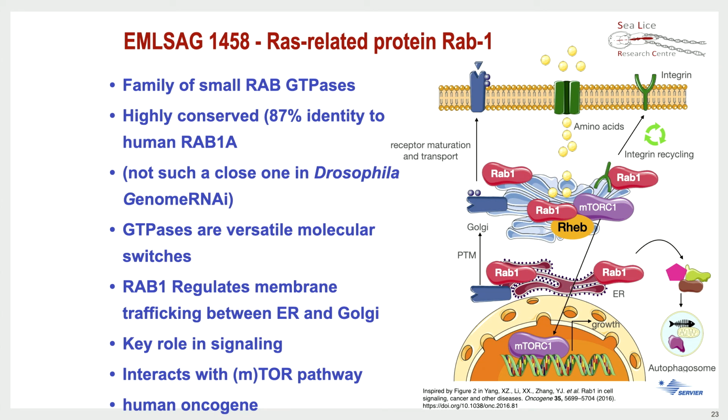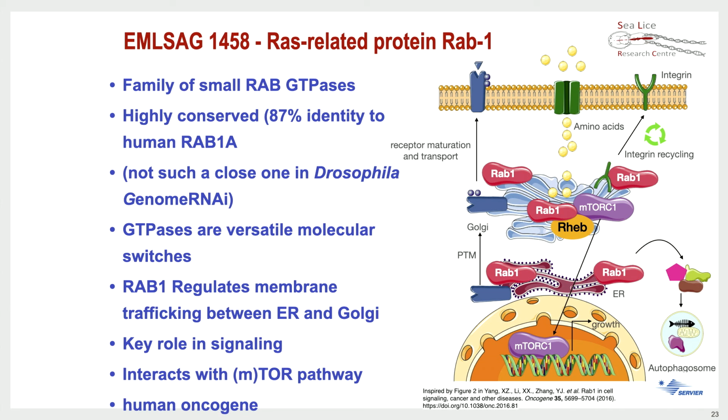This Ras-related protein, RAP1, is the best blasted of this. It belongs to the family of small RAP GTPases. It is super highly conserved. It has 87% sequence identity to human RAP1A, but there's no good Drosophila ortholog. That was maybe why we didn't see it immediately as a lethal phenotype, okay?